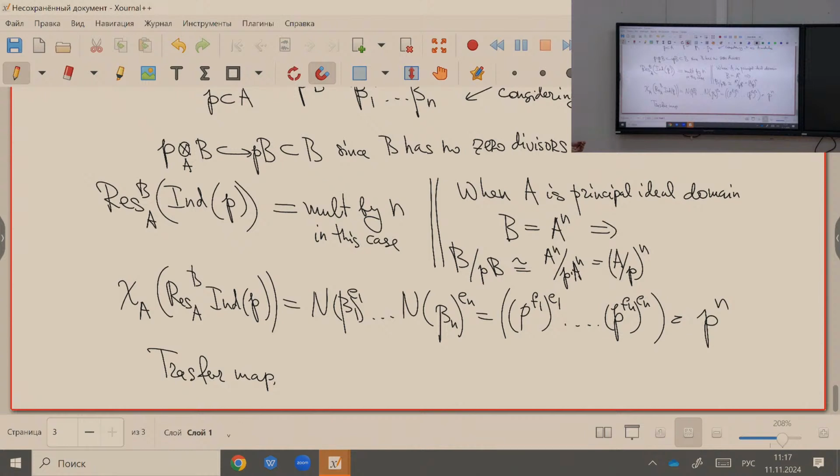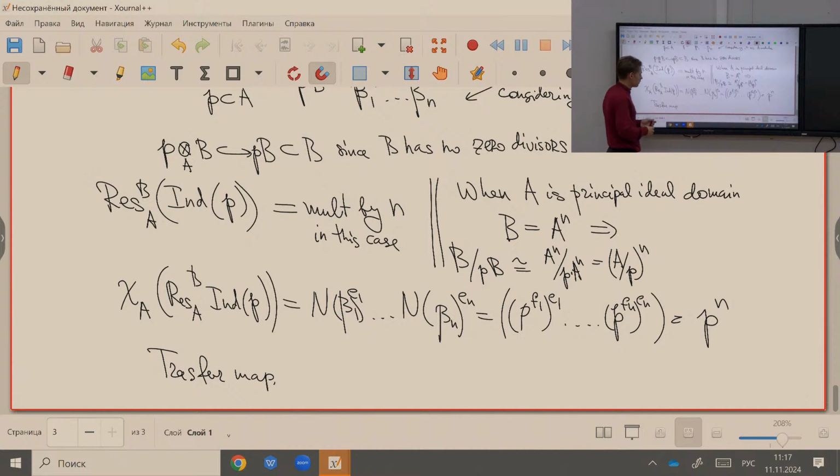But notice that you cannot obtain the formula this way. When you localize a normal ring by an ideal of codimension 1, you get a discrete valuation ring.